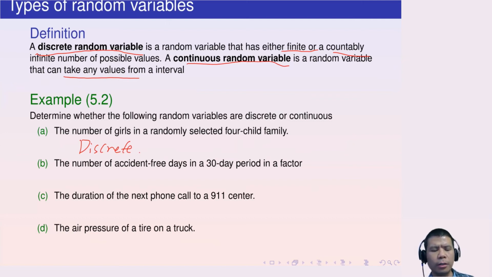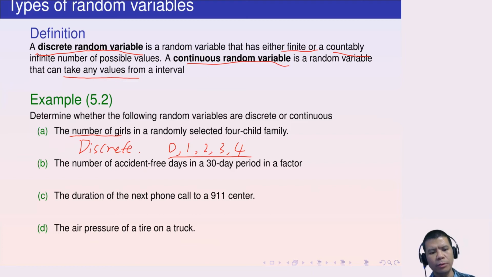Be careful, there are 5 such possible values. Maybe 0, then all the 4 children are boys. 0, 1, 2, 3, 4. So there are a finite number of possible values. Therefore it is discrete.